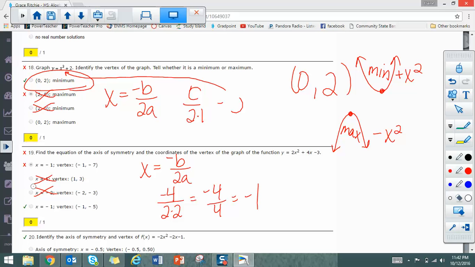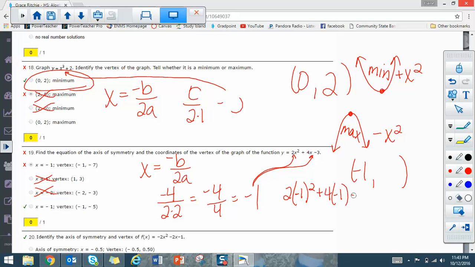And now we're going to take that negative 1 and plug it back into the equation where both x's are and solve. So 2 times negative 1 squared plus 4 times negative 1 minus 3. Negative 1 squared is 1, 2 times 1 is 2, 4 times negative 1 is negative 4, and then minus 3. So 2 minus 4 is negative 2, negative 2 minus 3 is negative 5.